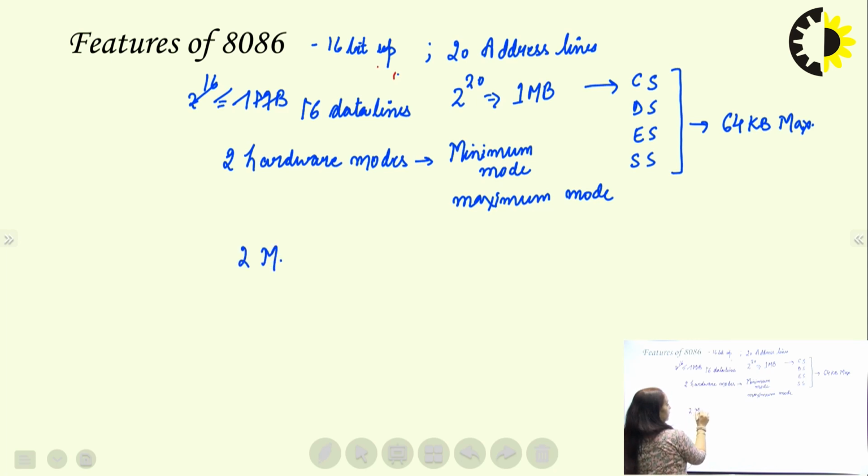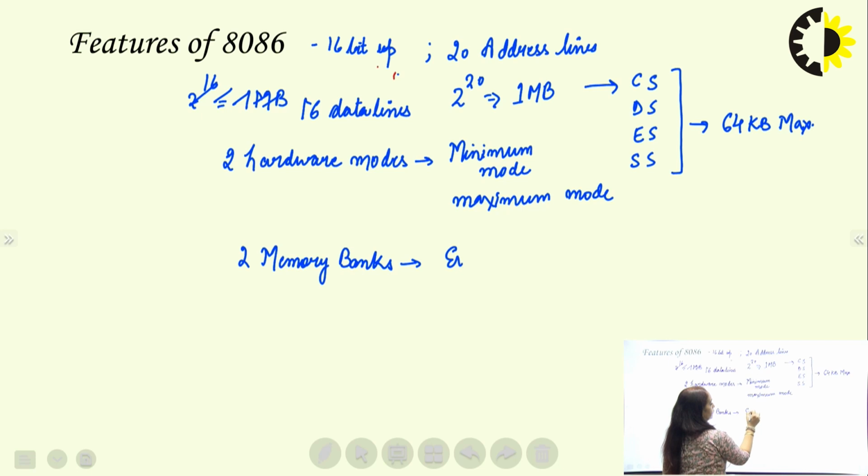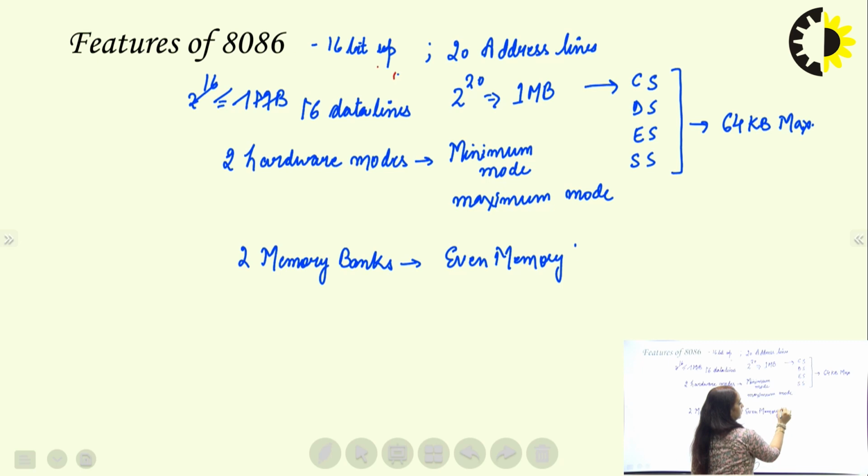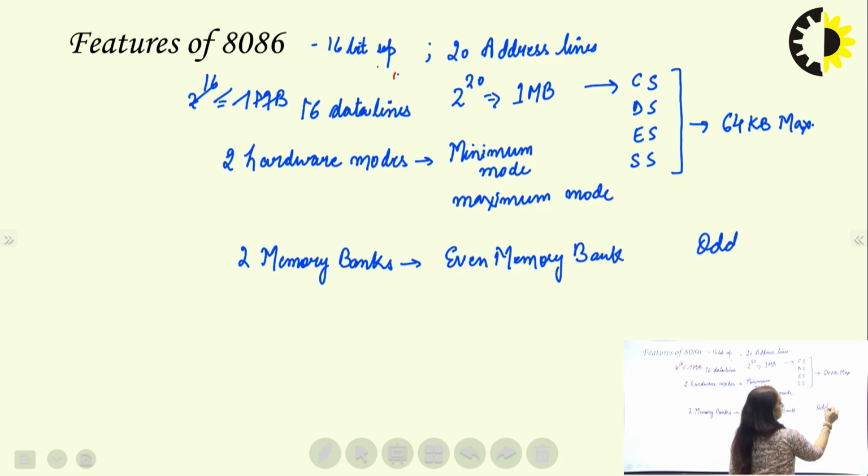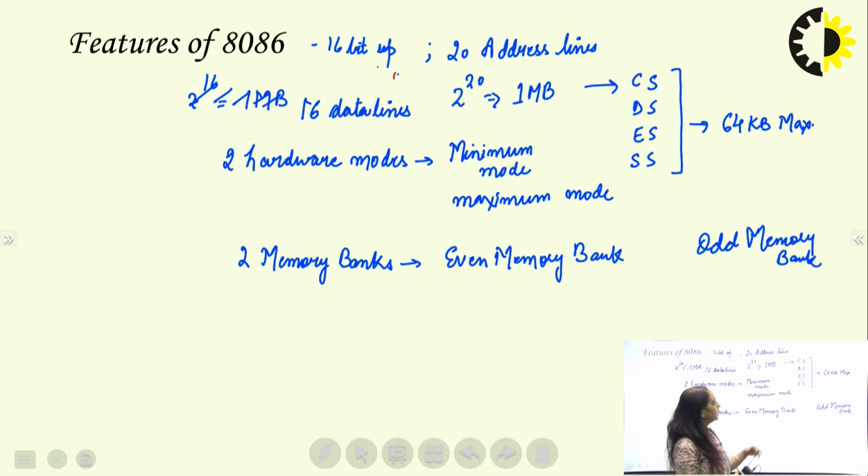Then we have 2 memory banks, which are named the even memory bank and the odd memory bank. This complete 1 megabyte memory is classified into two parts of 512 KB and 512 KB, right?